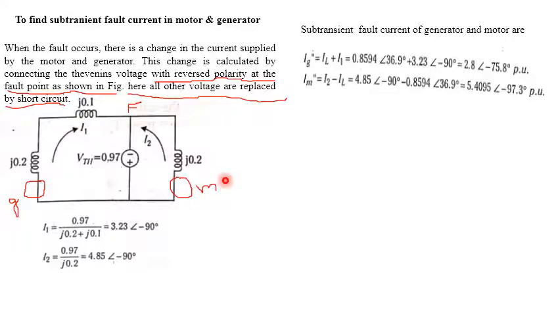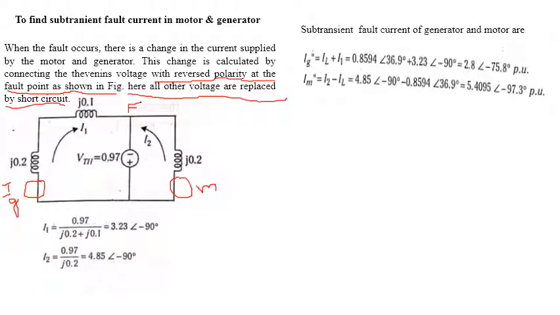So Ig double dash is going to supply the current to the fault point, because the current across the generator is greater. So this is how the current is flowing.